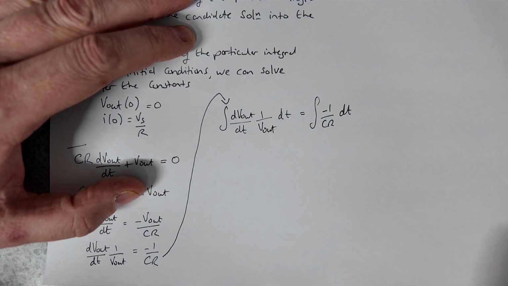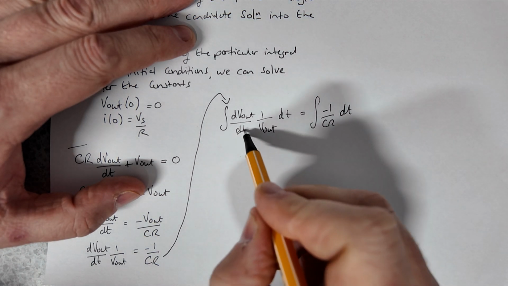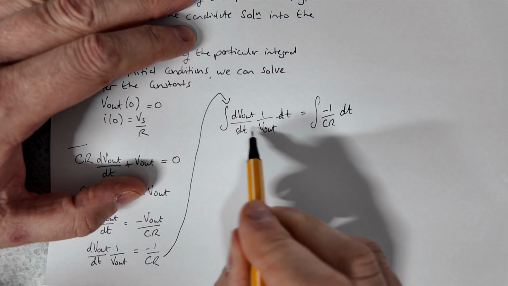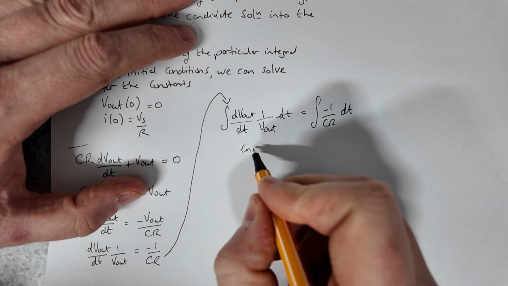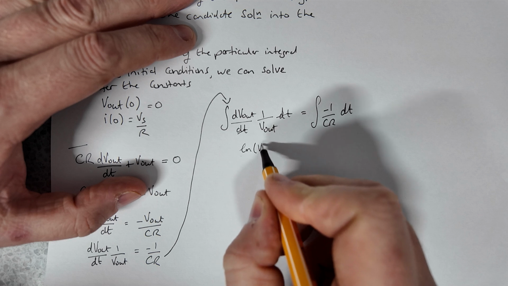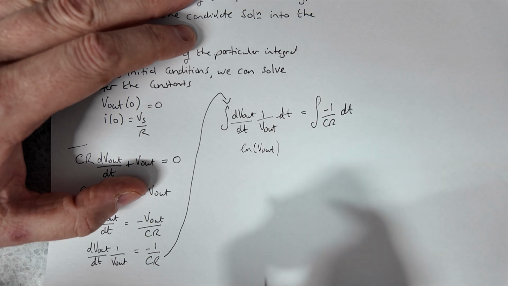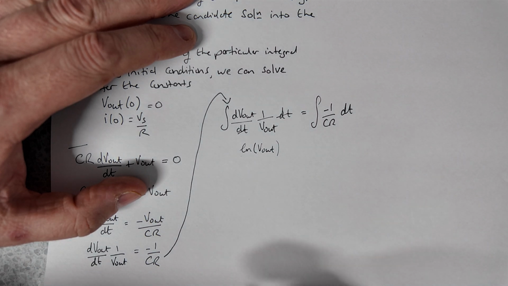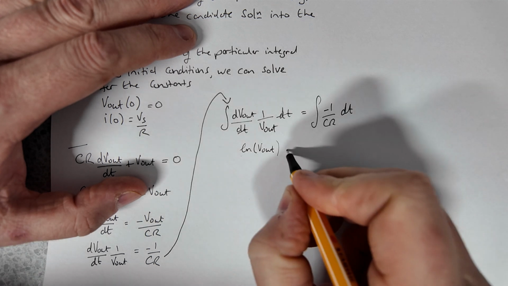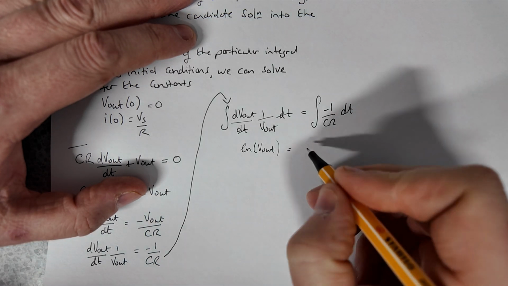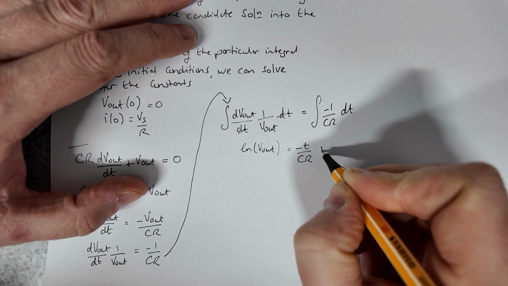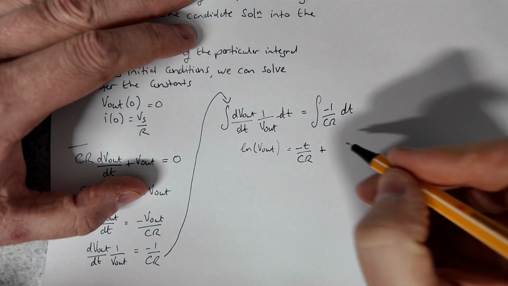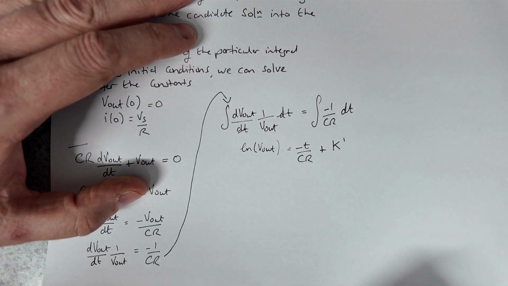We can see that these dt's cancel, and we're integrating 1 over V out dV out. And we should remember from our A-level maths that 1 over something integrated is the log, and if we integrate over here, we're just going to get t, and then the constant of integration from both sides we're just going to represent as k prime.